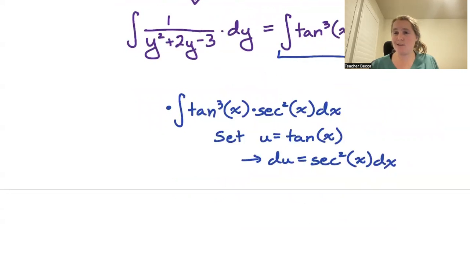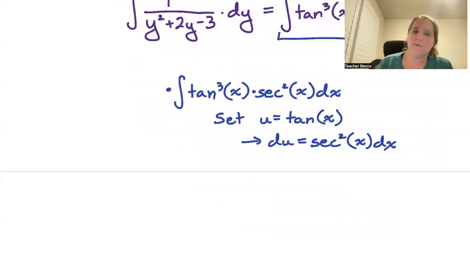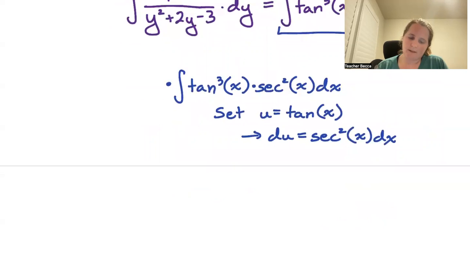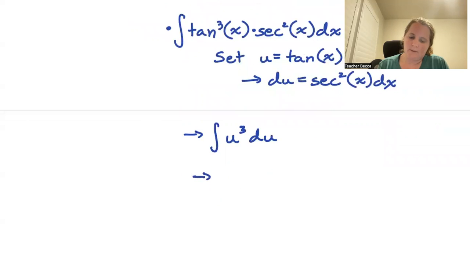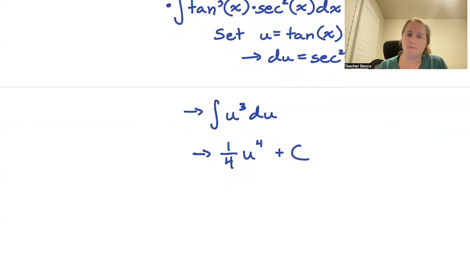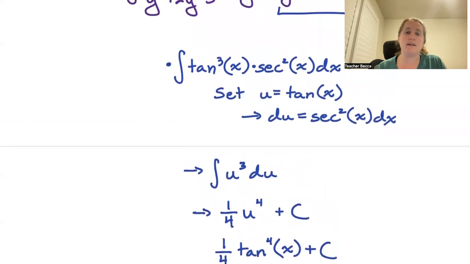Again, if we have tangents involved and we have that even power on secant, then we can take advantage of that secant squared being the derivative of tangent. So this becomes the integral of u cubed du. So we get 1/4 u to the 4th plus c, or 1/4 tangent to the 4th of x plus c. So that's our right-hand side.